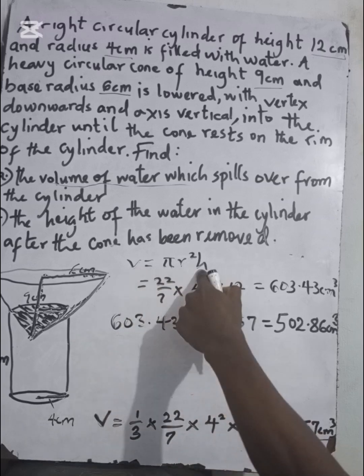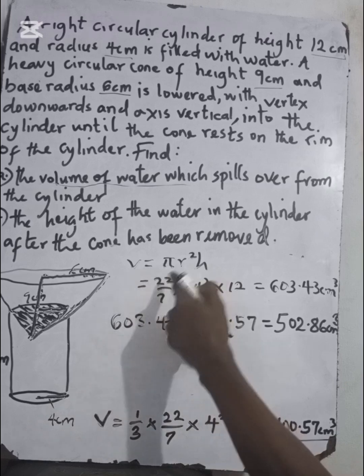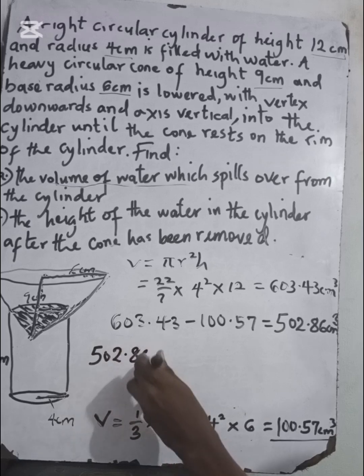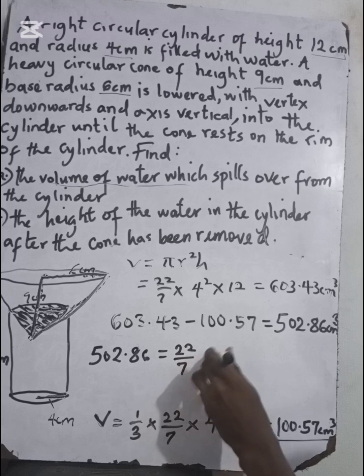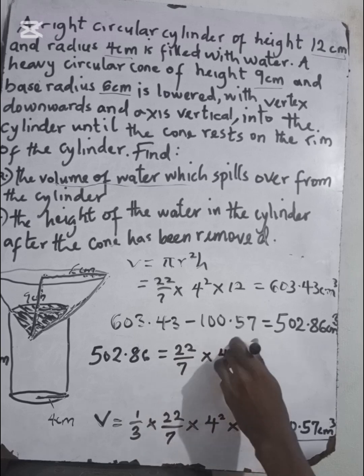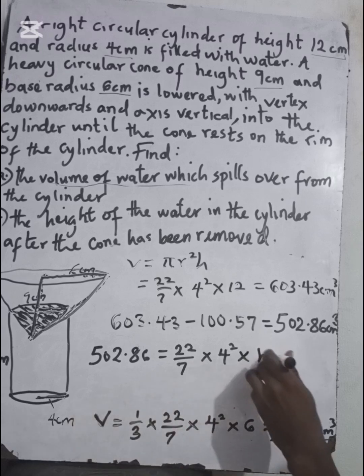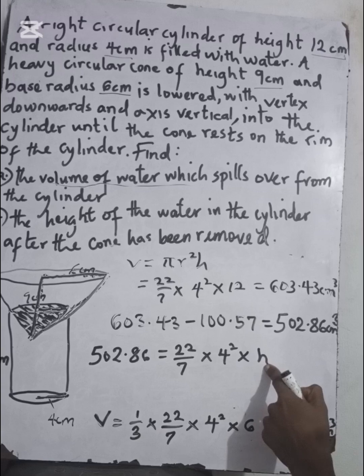Let's not forget the volume of the cylinder is given as V equals pi r squared h. So we have 502.86 is now equal to 22 over 7 times the radius squared times the height that we are finding. So we can now simplify to make the height the subject.